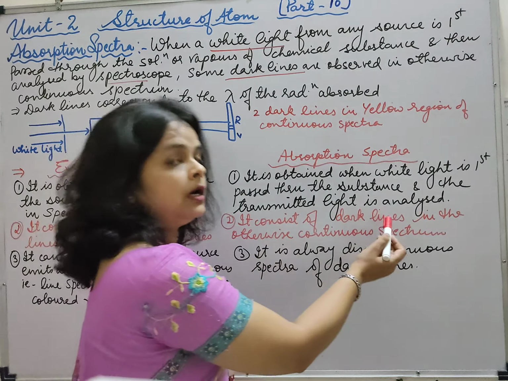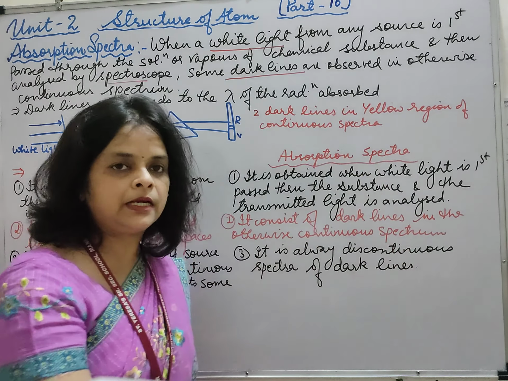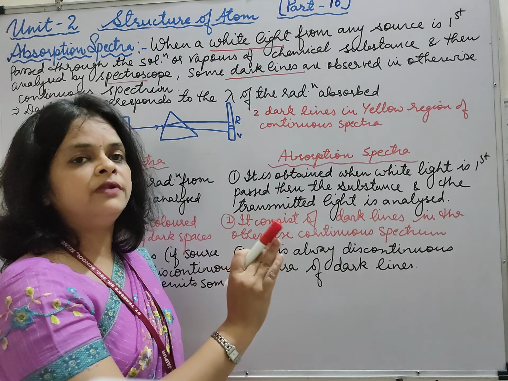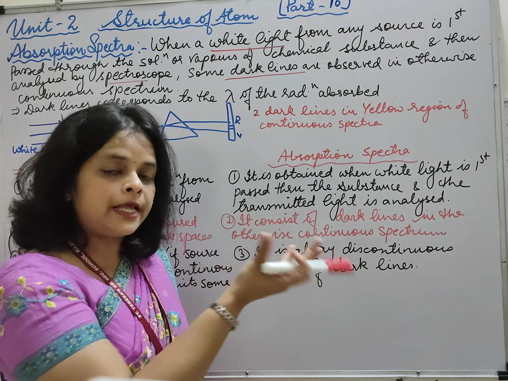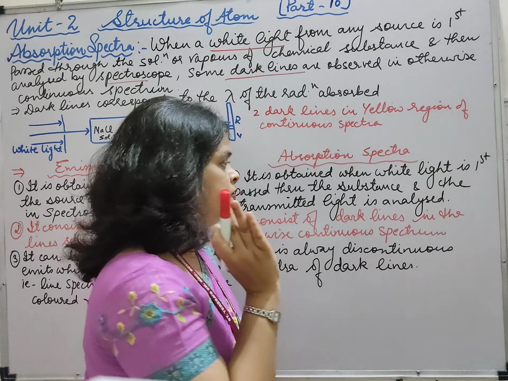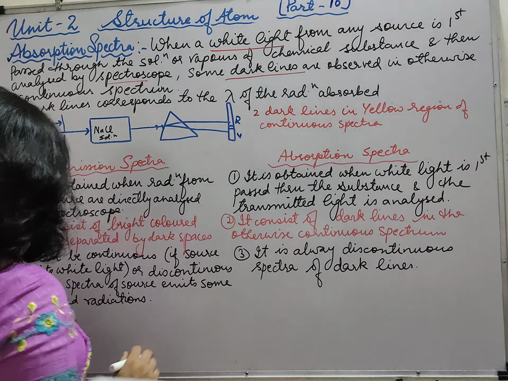It consists of dark lines in an otherwise continuous spectrum. Everything else is a continuous spectrum, but dark lines will be observed. At the line which they have absorbed, we will get dark color there. So these are the opposite effects of each other.